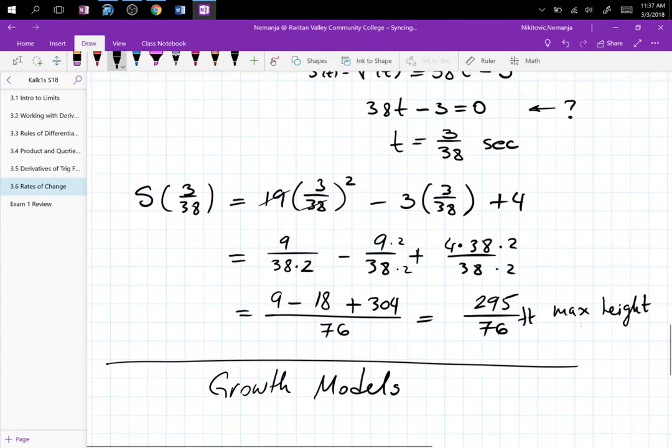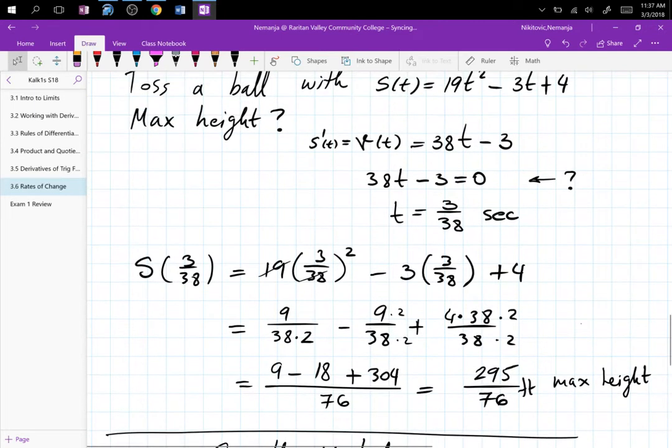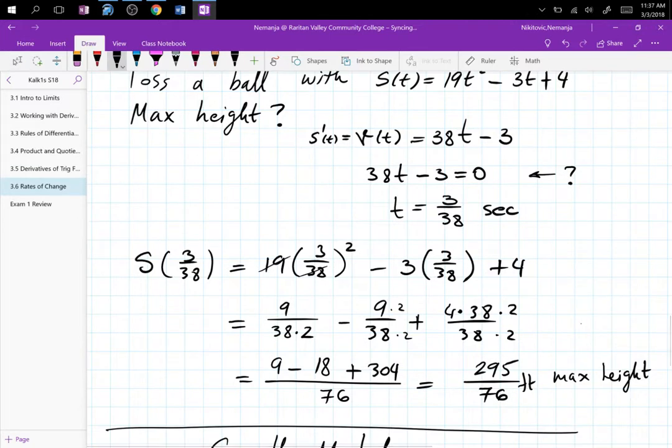Yes? When you took the first derivative and you have t equals, do you know what that means? Equals 0. I don't know why I put it. This is set to 0 because max height is velocity equals 0.